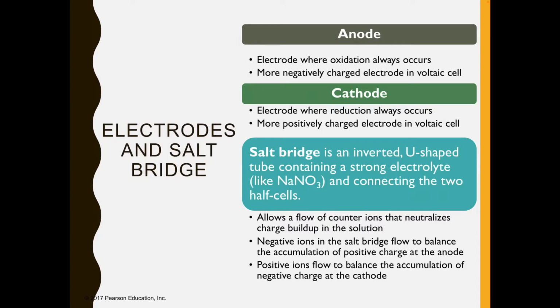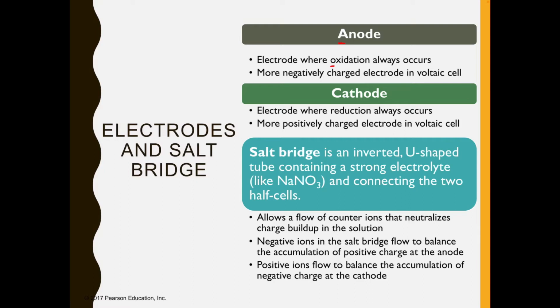So we have two different electrodes, two different pieces of metal. One of them we're going to call the anode, and that will be the electrode where oxidation always occurs, okay? Oxidation occurs at the anode. I like to remember that because they both start with a vowel, right? Anode, oxidation, both start with a vowel, therefore they go together.